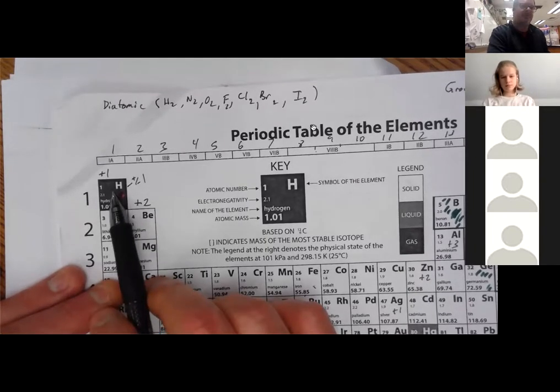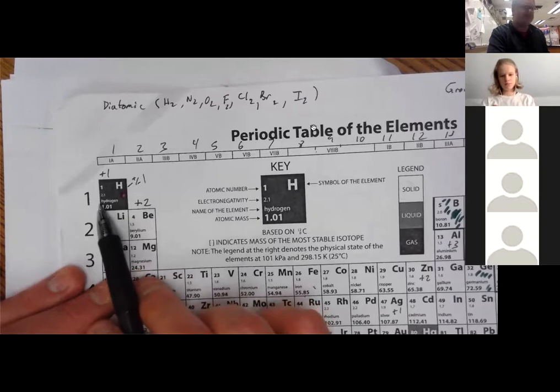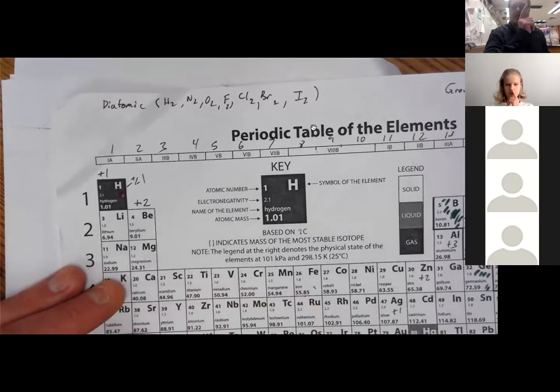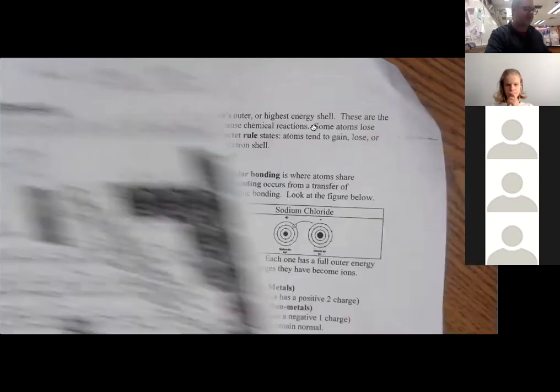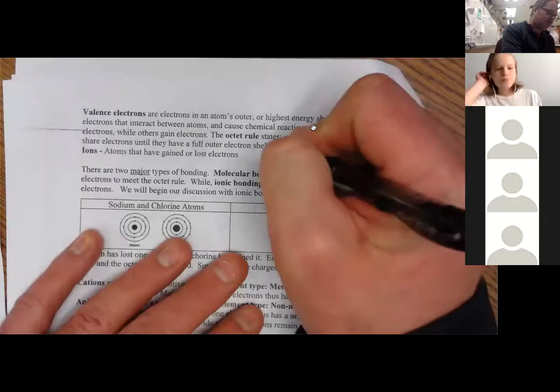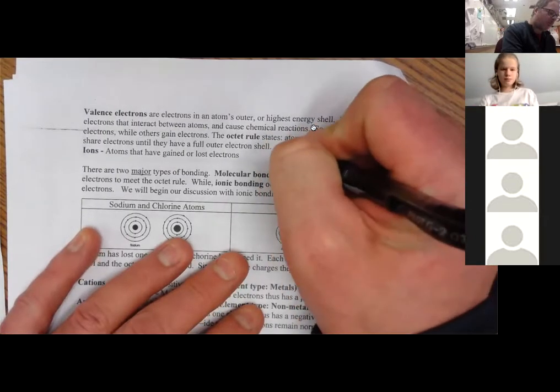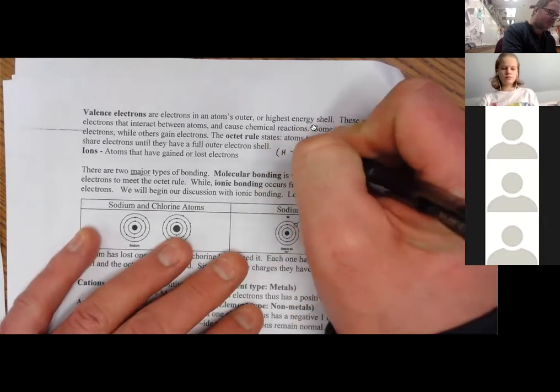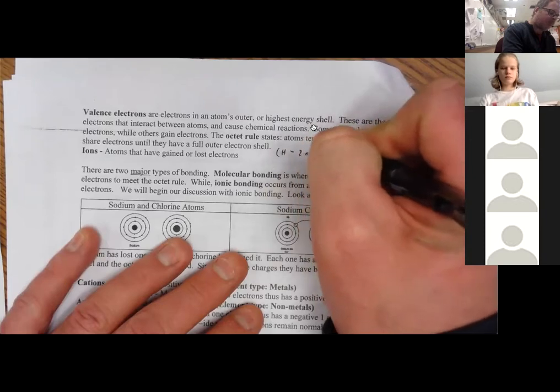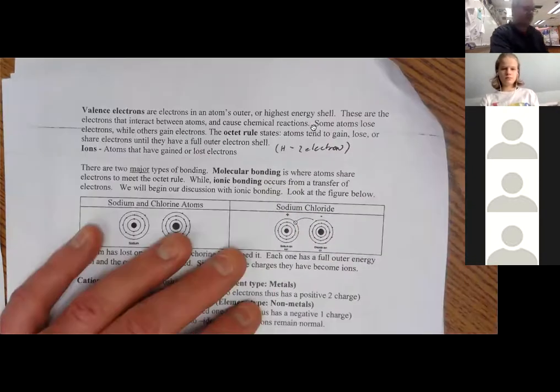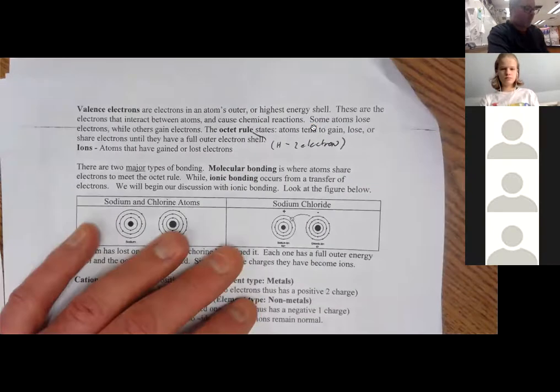Hydrogen is an exception. Hydrogen only has the 1s sublevel, and the 1s only has 1 orbital, which can only hold 2 electrons. So hydrogen's octet is actually done by 2. Two electrons makes it an octet.